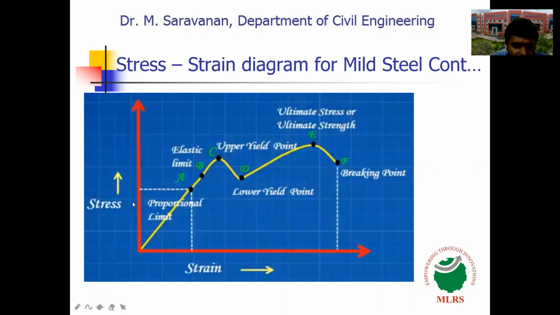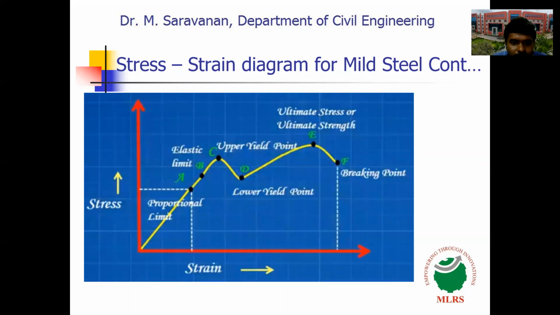Due to this stress, the strain also increases parallelly. At point A, this point A is called the proportional limit. At this point, the stress is directly proportional to the strain. It means the material, the mild steel rod, obeys Hooke's law. So if you remove the load, the material comes to its original position.